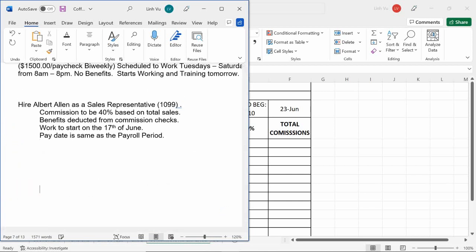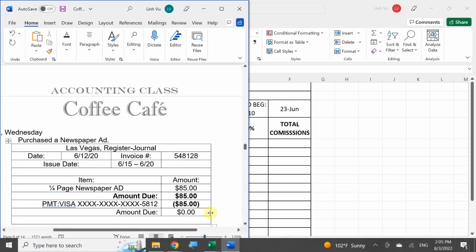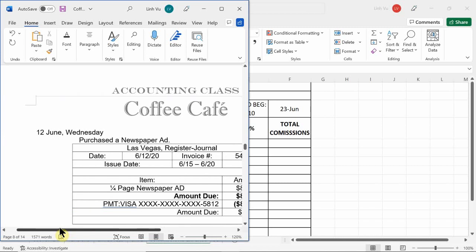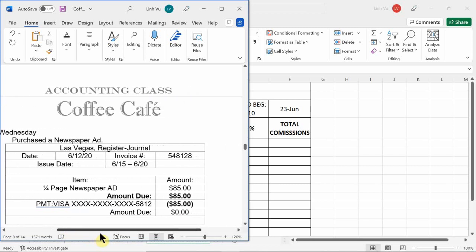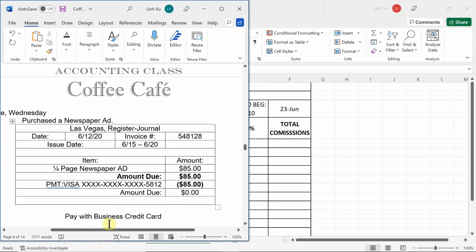So after we went through the hiring process, now it is finally the next day. Let's see what happened here on June 12th. We decided to purchase a newspaper ad, right? So we applied to the Las Vegas Register Journal to run our ad between the 15th through the 20th, during our grand opening sales.